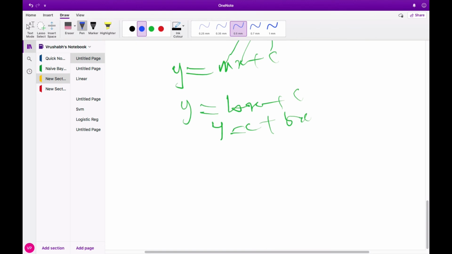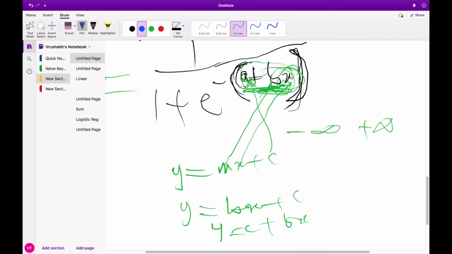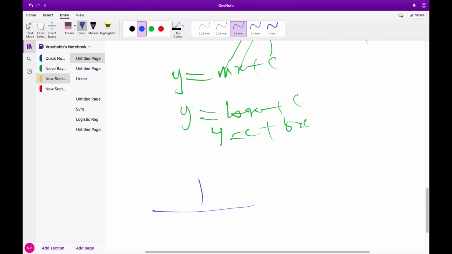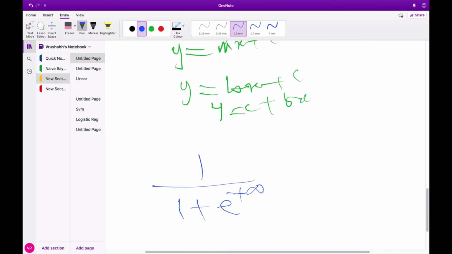Okay, so what I'm saying is that if what we have here is going to be either negative infinity or positive infinity, then we're going to have something like 1 over 1 plus e to the plus or minus infinity.